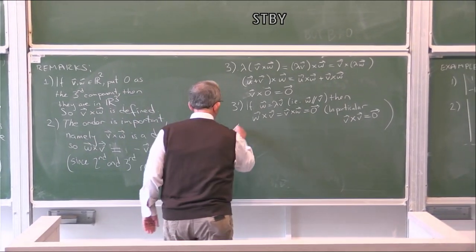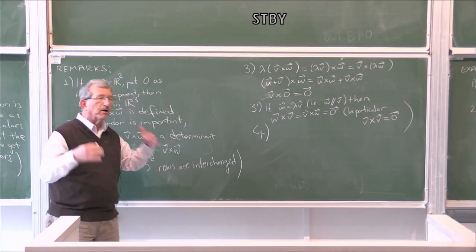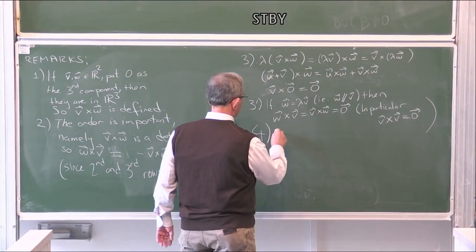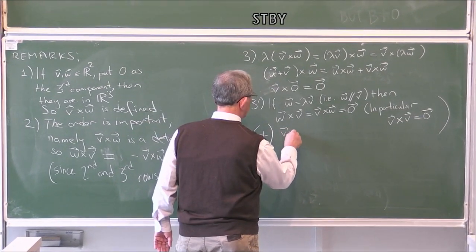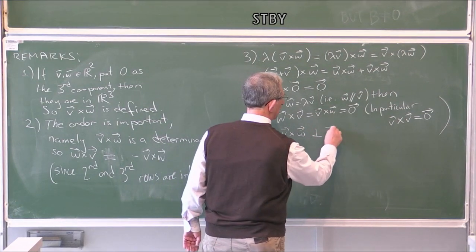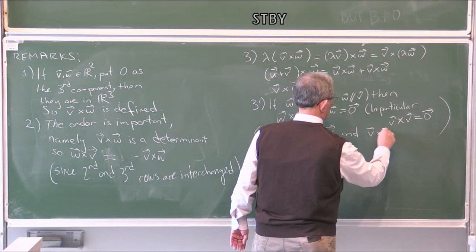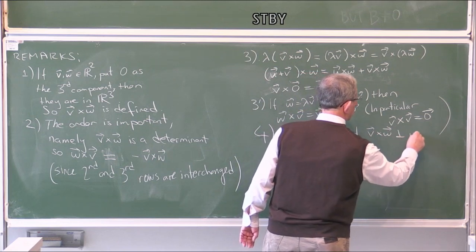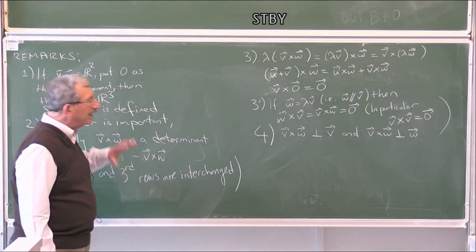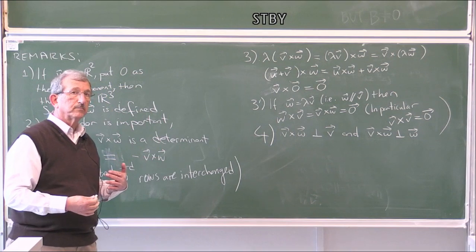Now a very important property which can be directly verified from the definition of the cross product is the following. V cross W is a vector. It is perpendicular to V and it is perpendicular to the W vector. So the cross product gives us a vector which is perpendicular to both of the original vectors.